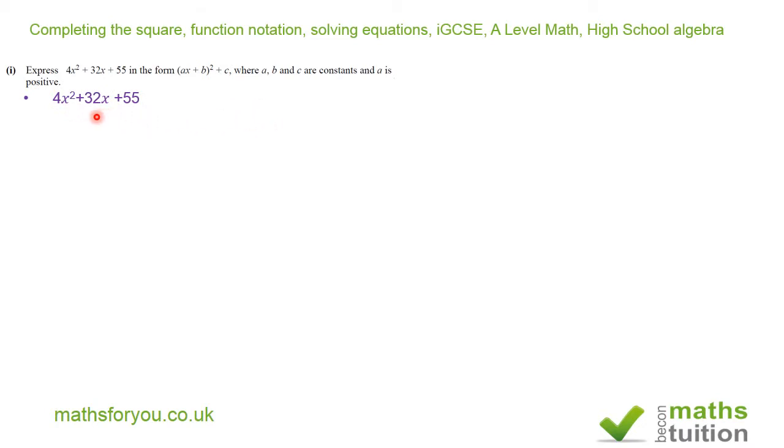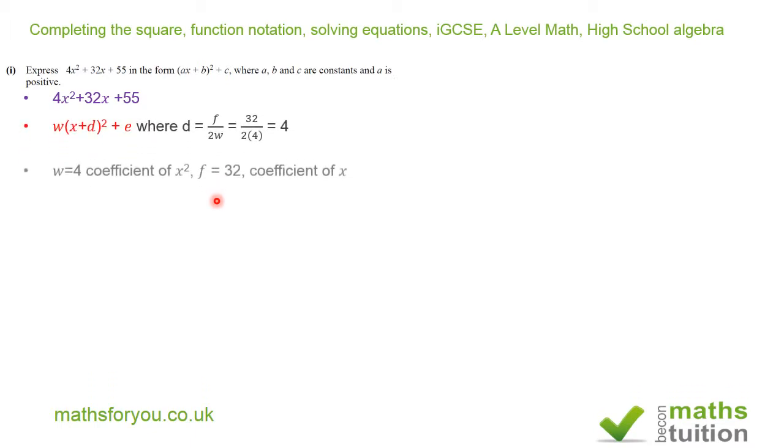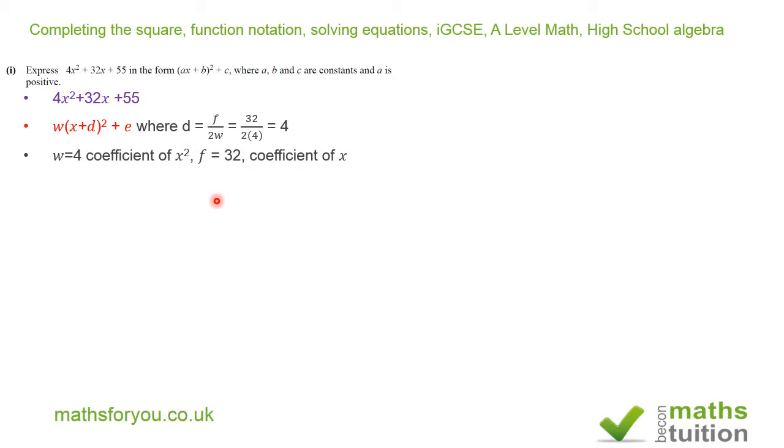Okay, now I'm going to look at the first two terms in particular. If I have this formula of w into x plus d all squared plus e, where d is f divided by 2w, and f is 32 in this case, the coefficient of x, and w is 4. So if you divide 32 by 8, you get 4.